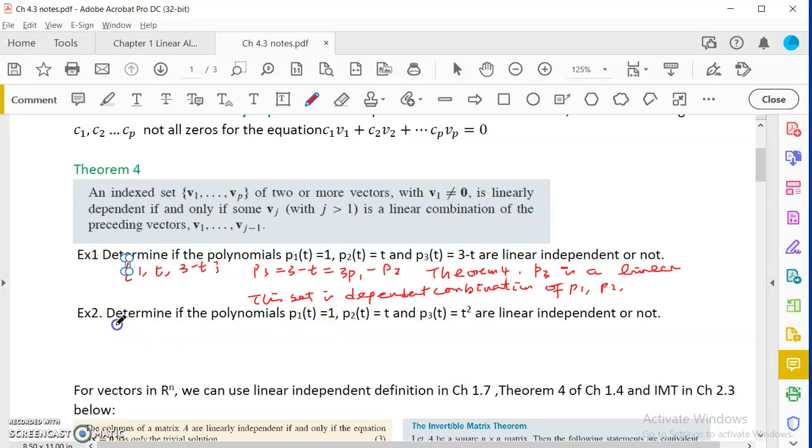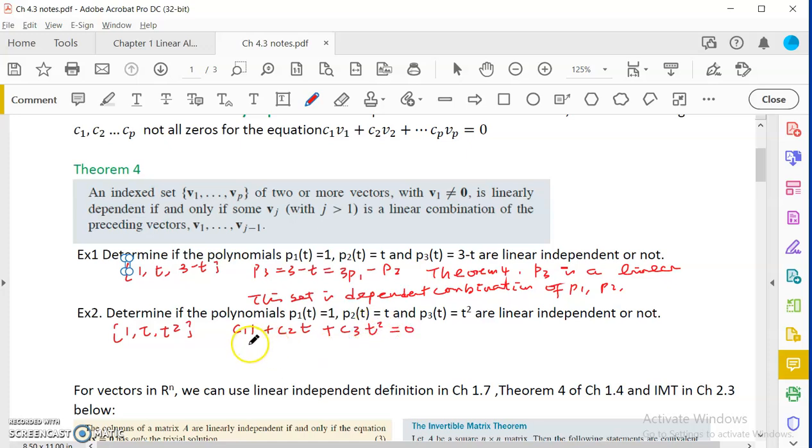Another one is this set: 1, t, t squared. By inspection, you can tell that this must be independent because there's no way you can add 1 and t to become t squared. It's never possible, right? So we can write this out. We can write c1 times 1 plus c2 times t plus c3 times t squared equal to 0.